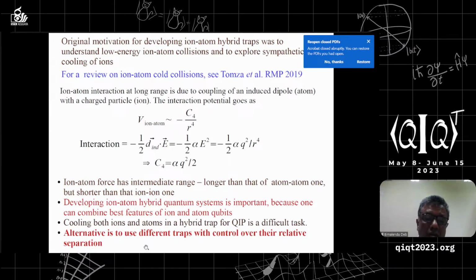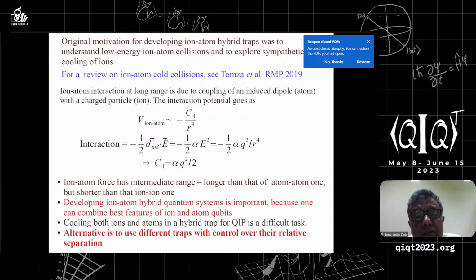Putting both ions and atoms in a hybrid trap for quantum information processing is a difficult task, but one can think of an alternative: to use different traps with control over their relative separation. We can think of such systems now because of the recent developments in optical tweezer technology.